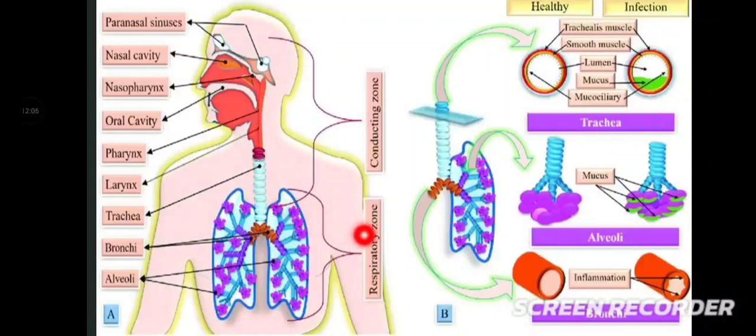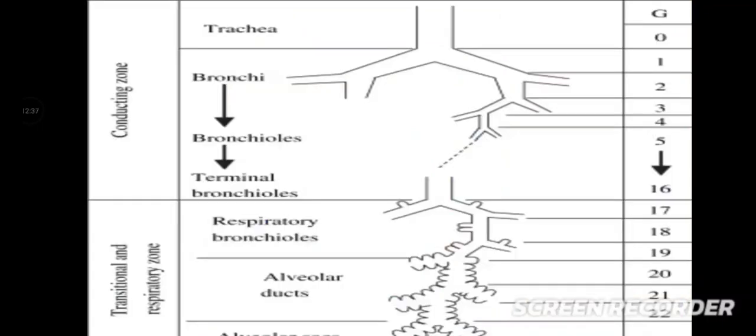Then from the respiratory bronchioles all the way to the alveoli, that means it includes the respiratory bronchioles, the alveolar ducts, and then the alveoli. These are the structures making up the respiratory zone, and the main function of the respiratory zone is to do what? Gaseous exchange. That is the physiological classification of the respiratory system.